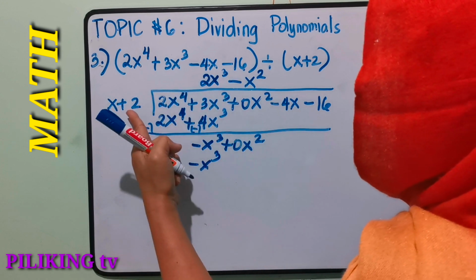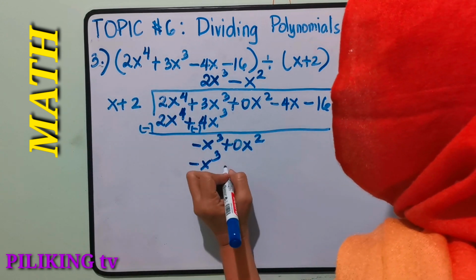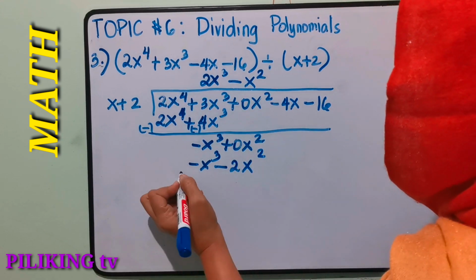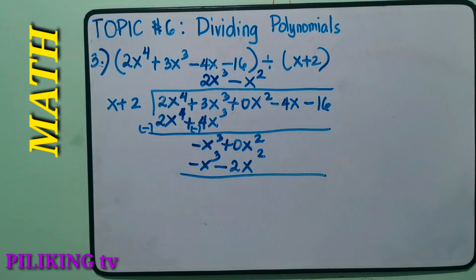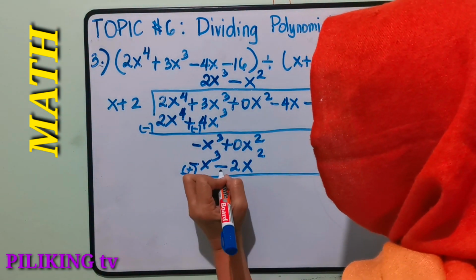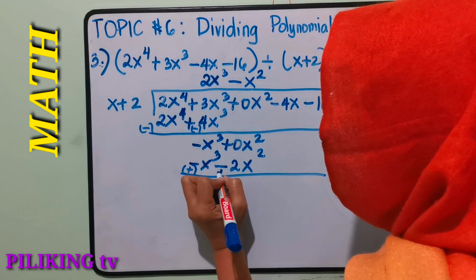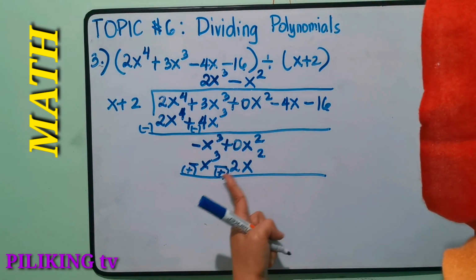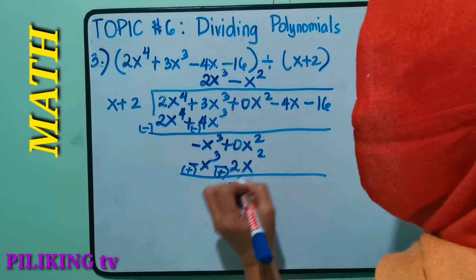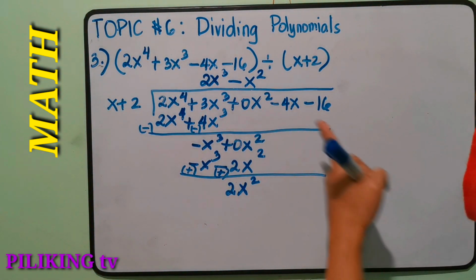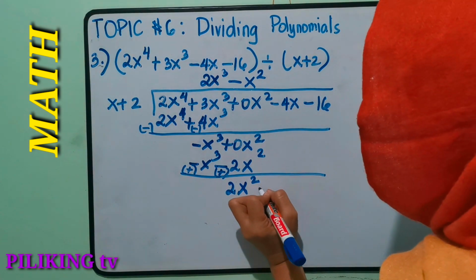Negative x squared times positive 2 would be negative 2x squared. Okay, subtract again. Change the sign. So this would be positive. And negative 2x squared becomes positive. So this will be 0. So what is 0 plus 2? That is 2. Then bring down x squared. Okay, you can now bring down negative 4x.